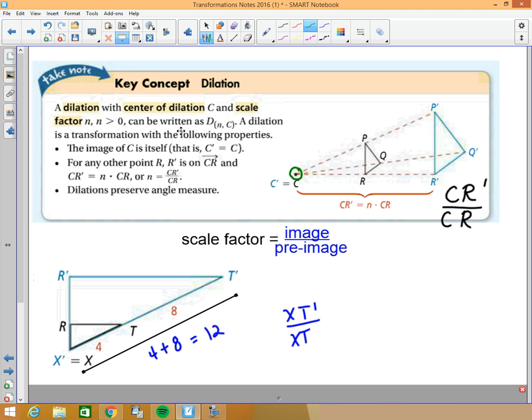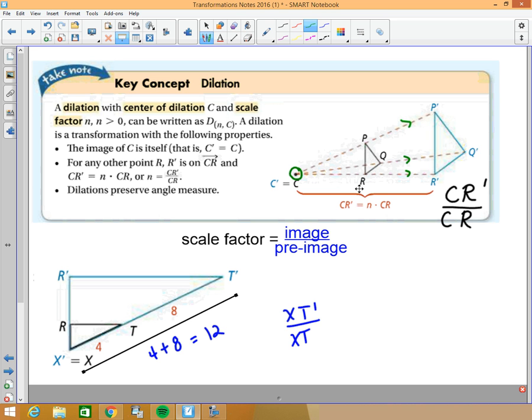Okay, and notice in our key concept what we've said is that this image has been dilated from point C, right? Which means this is the pre-image right here, and this is the image. So it went from here to here. This is what's going on, right? And that the angle measurements are preserved and just our sides have changed, right?